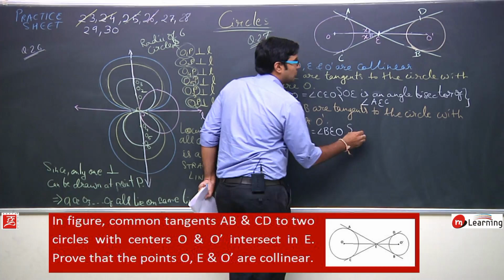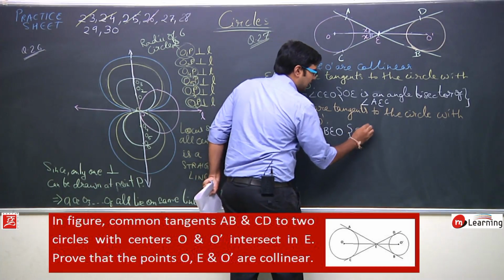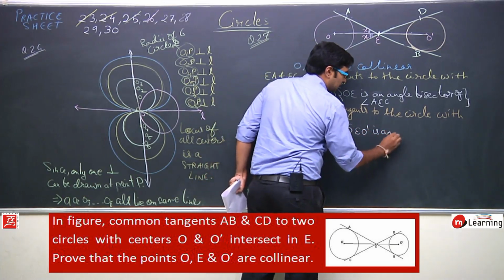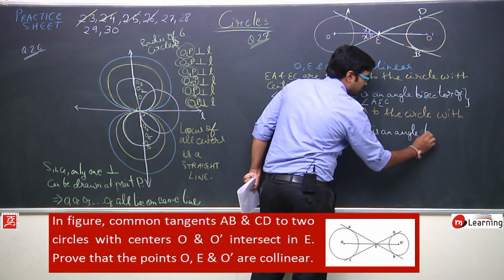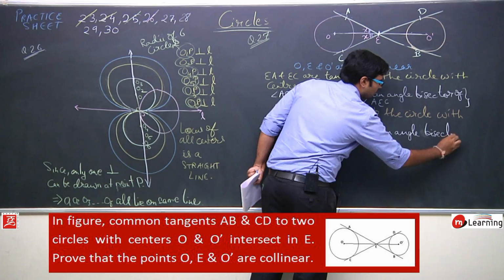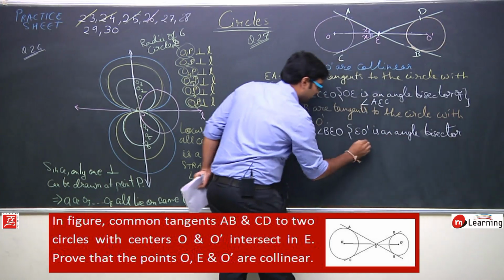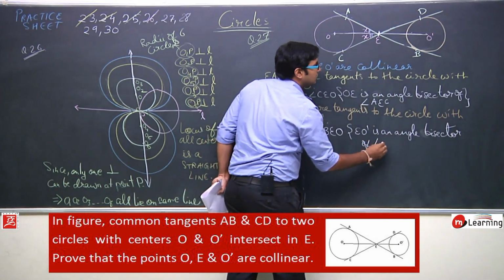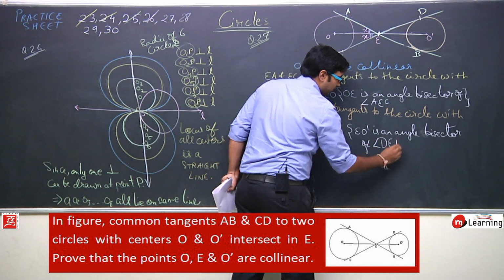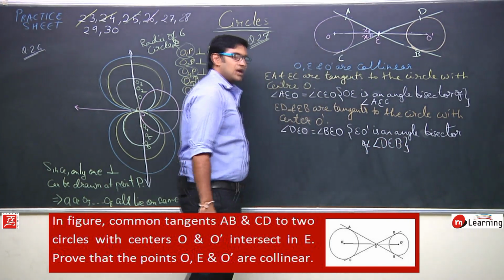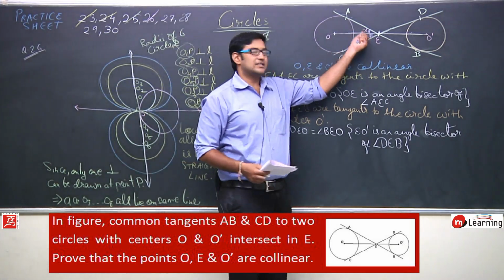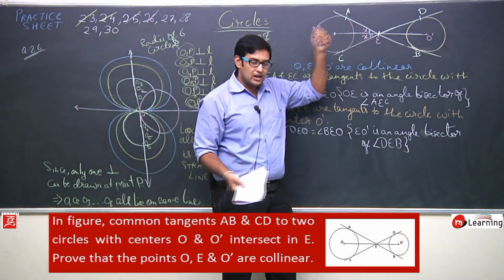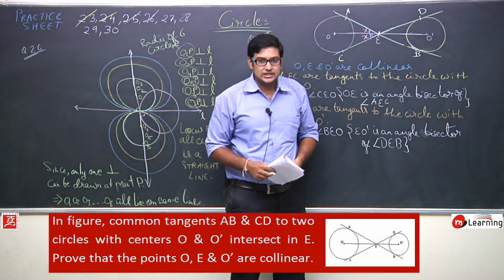Why this condition? Because EO dash is an angle bisector of angle DEB. Okay, I am not writing the complete property, I am not proving that angle X and this angle are equal, because we have already proved this condition.